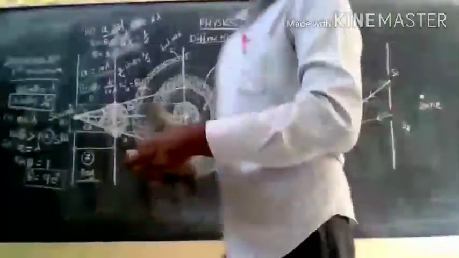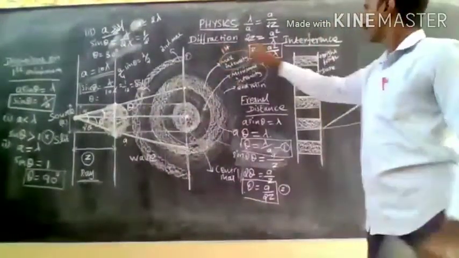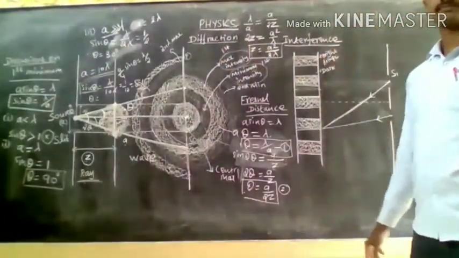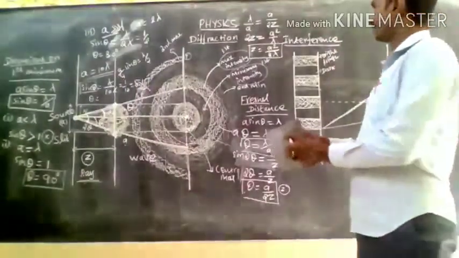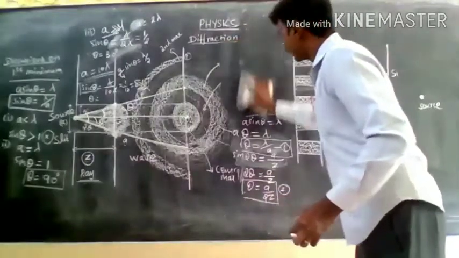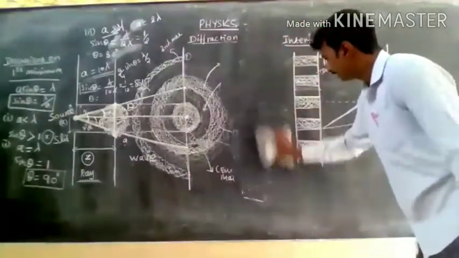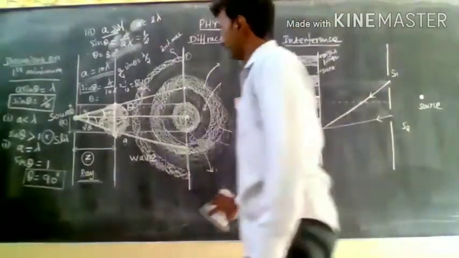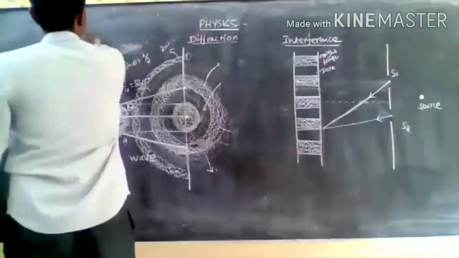Now we are going to compare diffraction and interference. It's a very important 3-mark question. Write the difference between the interference fringes and the diffraction fringes.